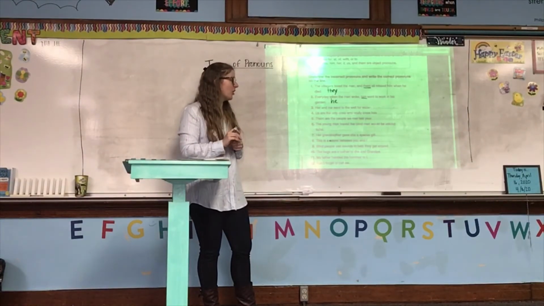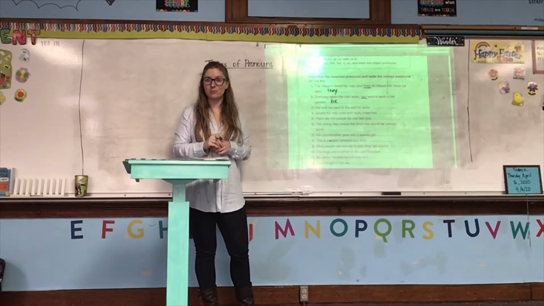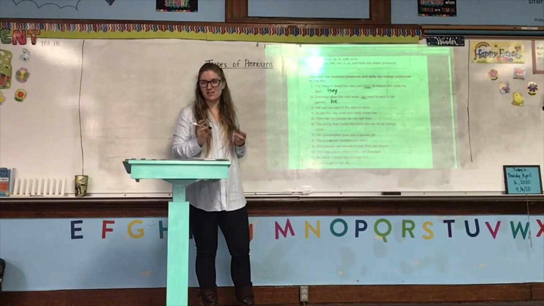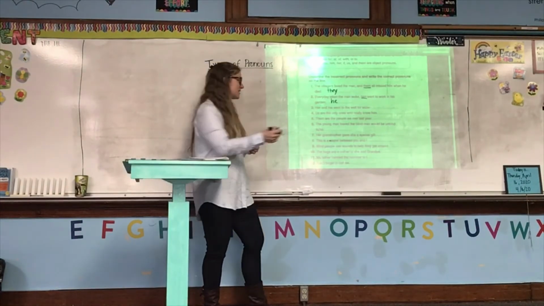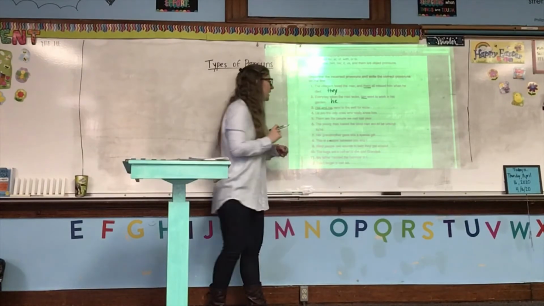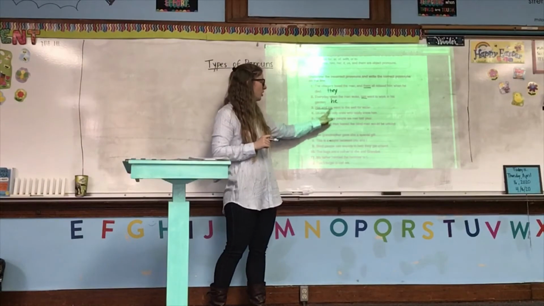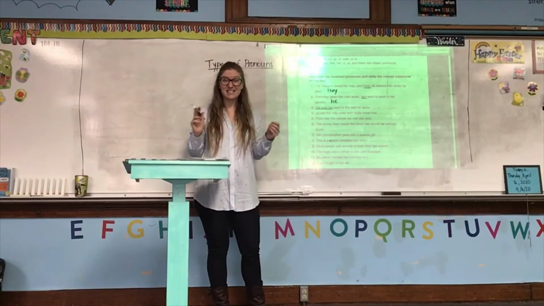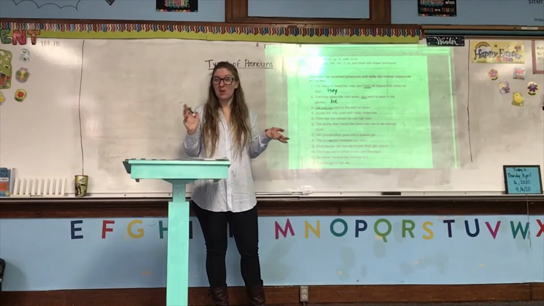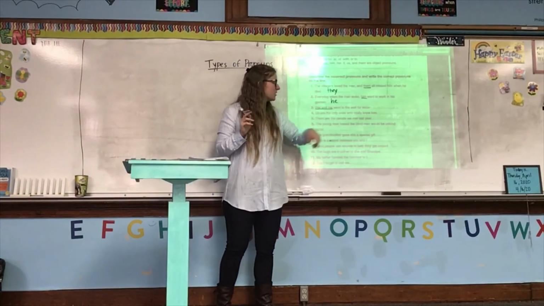Number 3, her and me went to the well for water. Now this is where some of you might think, that doesn't really sound wrong, but it is. It shouldn't be her and me, because if you separate those, so only think of her: her went to the well for water. Does that sound right? No, it doesn't. If you only think of me: me went to the well for water.